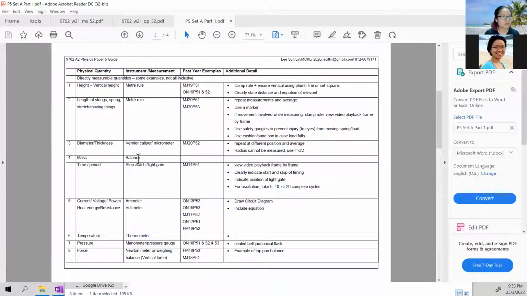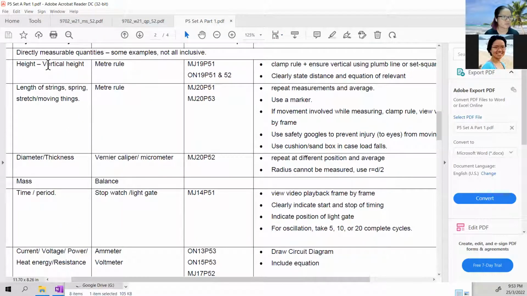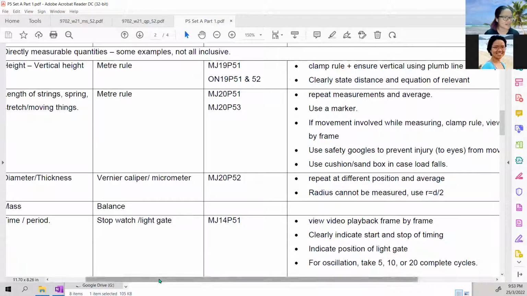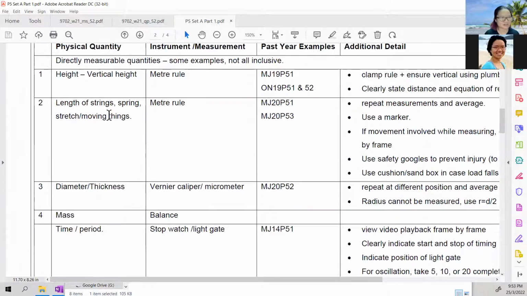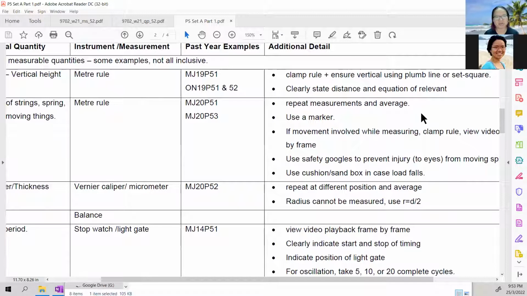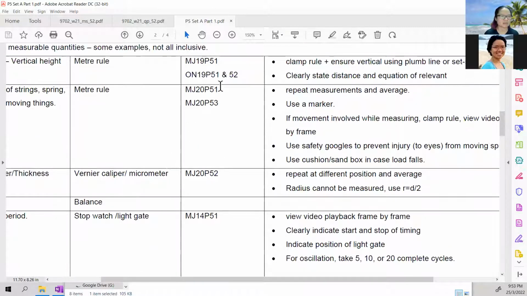Here it will show you the different experiments. For example, if you want to figure out how to measure vertical height, length of the spring, moving things, these are additional details that you can write. And if you want to see how it's being implemented, you can look at that example. I will add the more recent years, but I think it's updated to May, June 20.